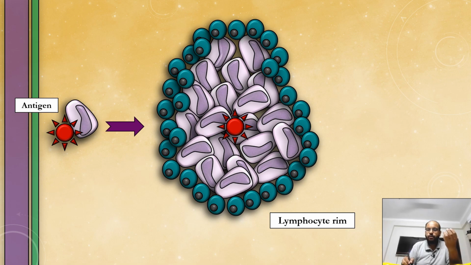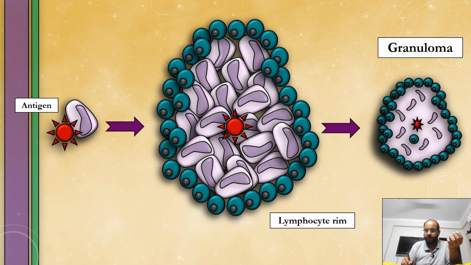So from center to outwards, you will have antigen or any substance which the immune system is not able to clear properly, surrounded by modified histiocytes or epithelioid histiocytes, and then after that you will have a rim of lymphocytes. So this is how a granuloma is formed. Okay, so you will have antigens, epithelioid cells and a rim of lymphocytes. And some of the lymphocytes can also be present inside.